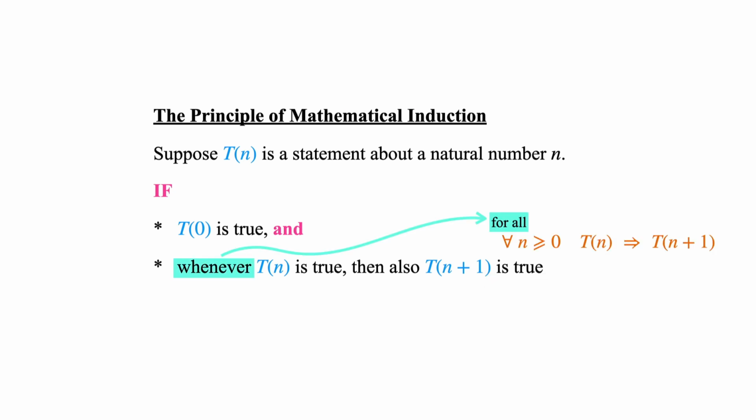And what does this mean? This means that for all n, if the statement is true for number n, then it's also true for the next natural number, because you know that n plus 1 is the next natural number after n, right? In natural numbers, we actually have something that can be called the next natural number or a successor.